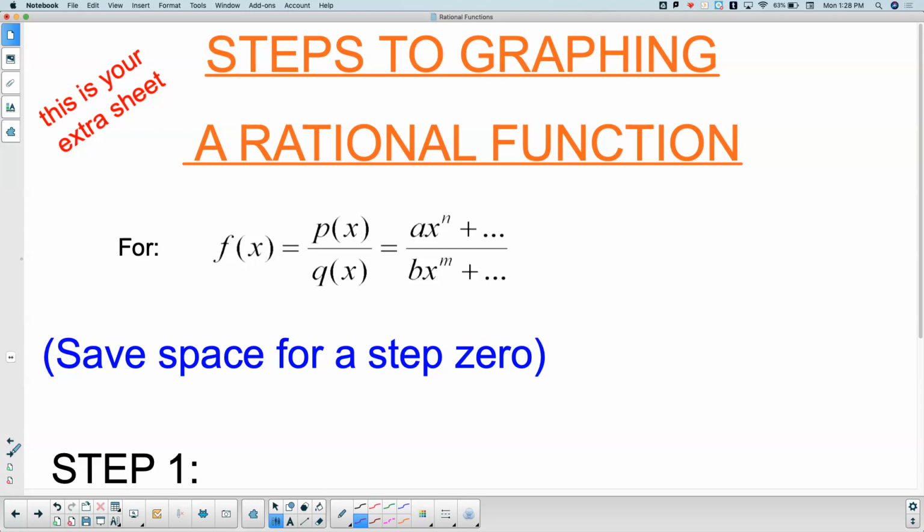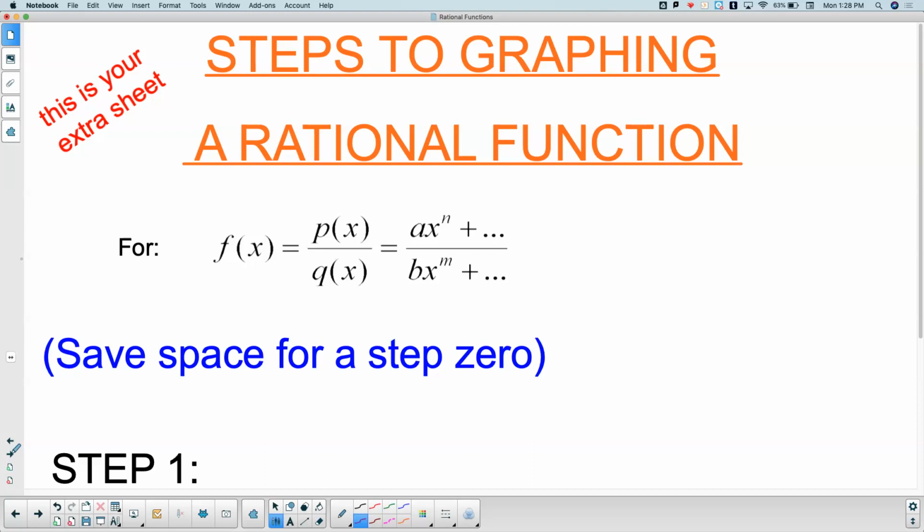So for any function, f of x equals p of x over q of x, which is equal to a times x to the n plus something, over b times x to the m plus something, and whatever they look like. But later on, we'll need to know what a and b are.